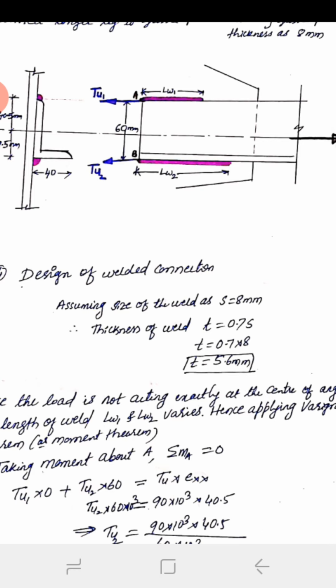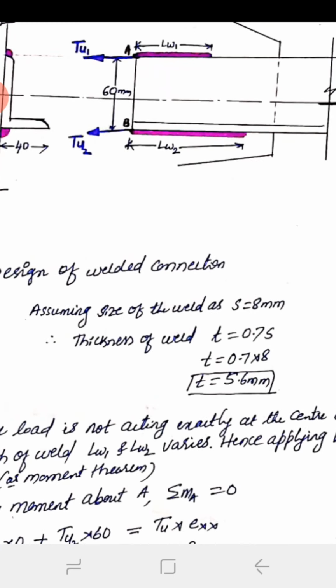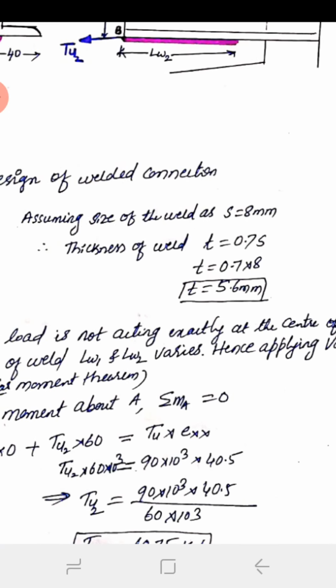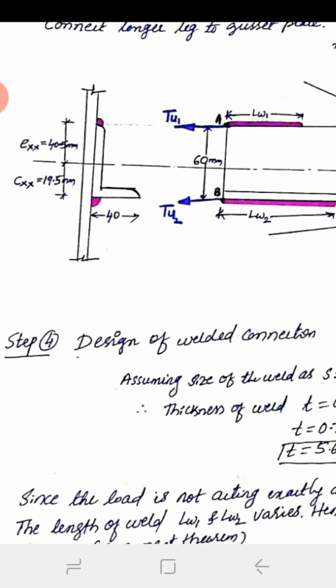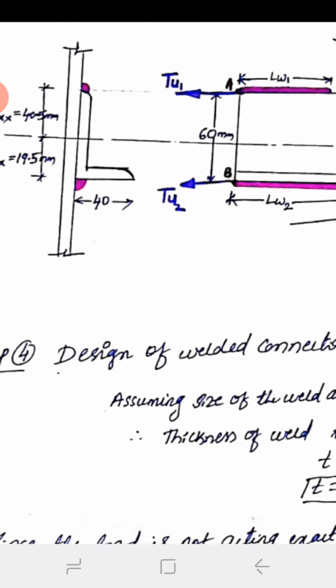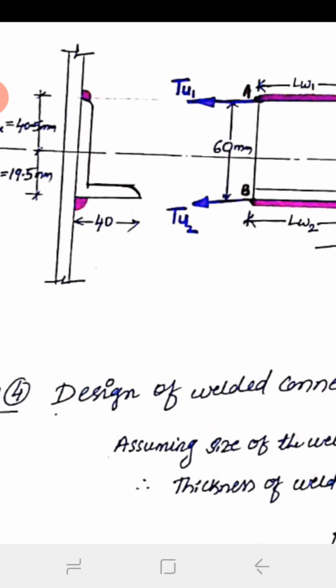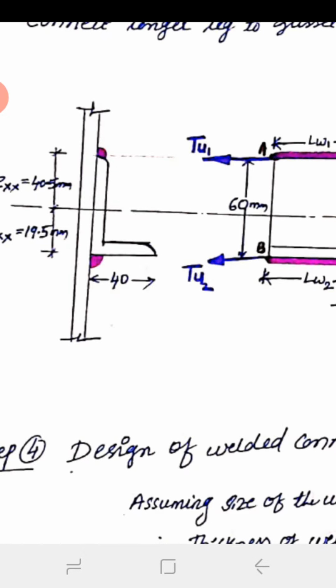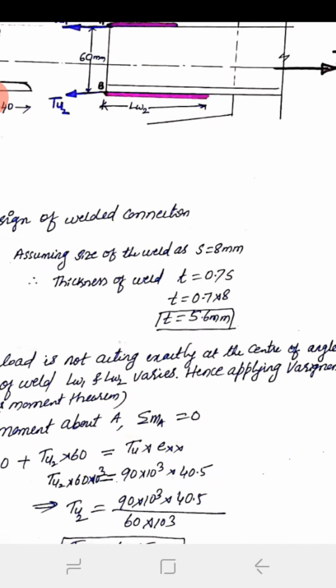For the design of the welded connection, initially you have to assume the size of the weld. As you know, in a welded connection the size of the weld can be calculated based on the edge conditions. If the weld is applied at the round edges or at the square corner, based on that you have to take the weld sizes, or else you just assume the size of the weld initially.